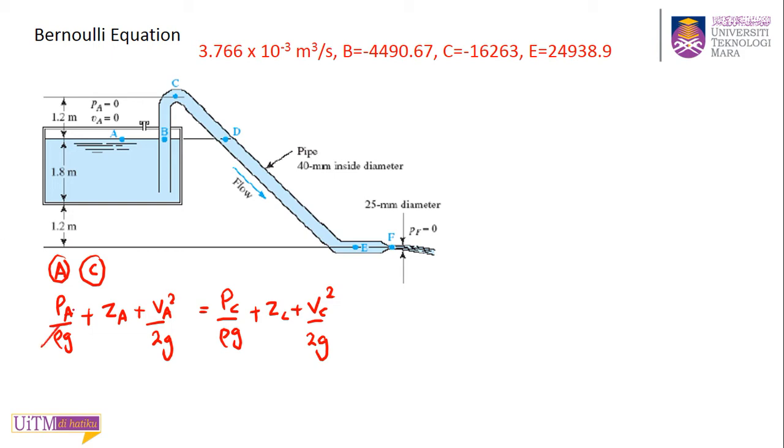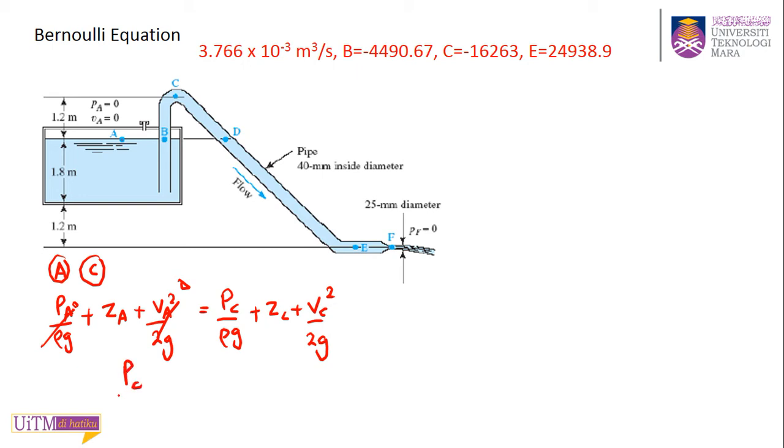So PA is 0, VA is 0. Okay, you cannot cancel Z because it's different Z. So ZA and ZC are different. You want to find PC. You have VC, the velocity in the pipe, 2.99 from before, and you have ZA. So you want to find PC, and so you arrange for PC.